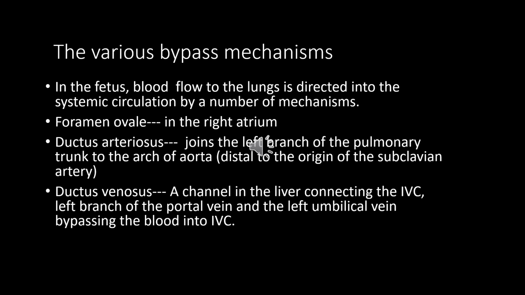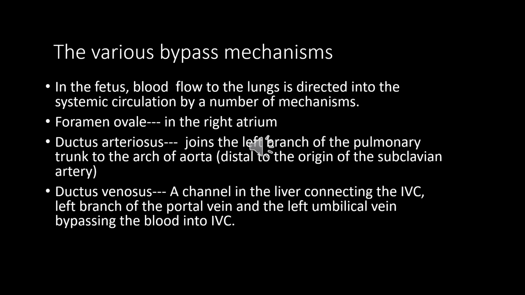The other one is, just now we have talked about the ductus arteriosus, how it is shunting the blood from the pulmonary trunk itself to the arch of aorta, so that the blood will enter the systemic circulation. The other bypass channel, which you might have seen if you have studied the liver, is a fibrous band called ligamentum venosum. In fact, it was also a functioning tube in fetal life, called ductus venosus.